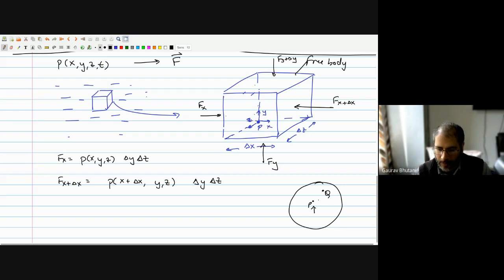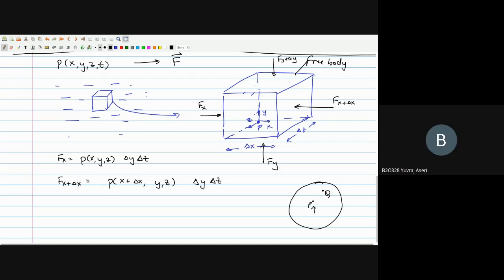All you need is f, df by dx, d2f by dx2, and I'm talking about 1D. So you know all the derivatives and the function value at a point, and then you can calculate the function value at any point in its neighborhood. That is what Taylor series gives us.